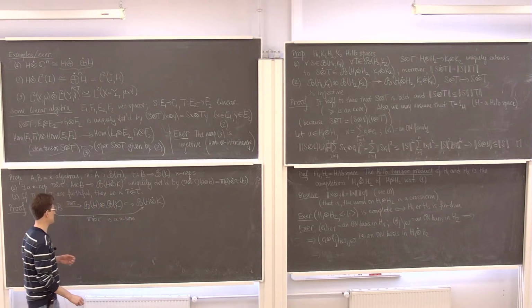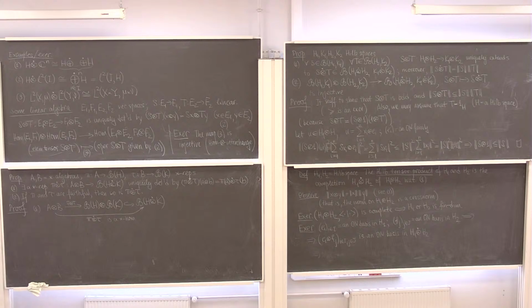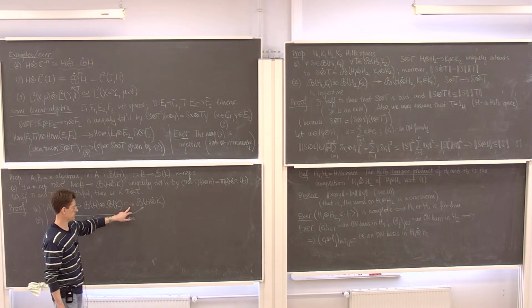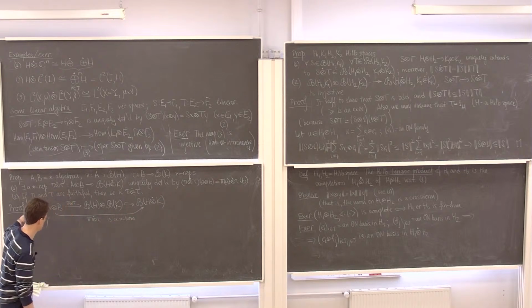So it is a representation. And this diagram proves both parts 1 and 2, because if pi and tau are faithful, then this arrow is injective, because the algebraic tensor product of two injective maps is injective. We already know that this one is injective, so the resulting representation is faithful.